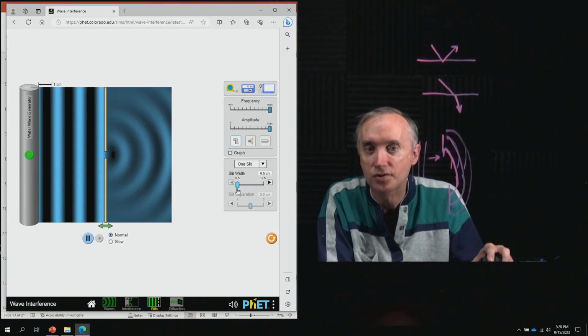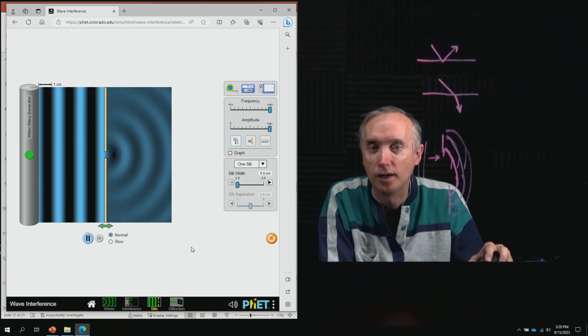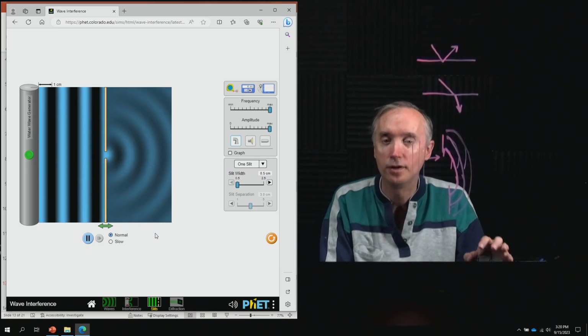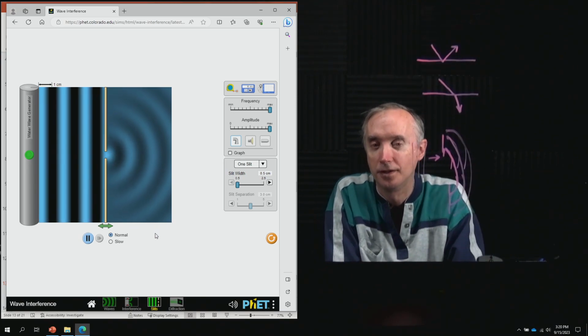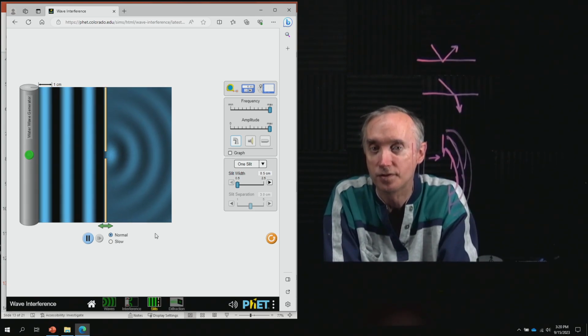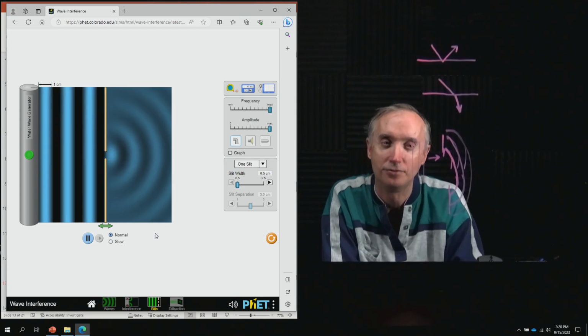I'm making it smaller, and look what happens. It changes again the location of the interference patterns when you do that. I wonder if there isn't a formula that would tell us where the constructive and destructive interference is going to occur. Yeah, you know there is.